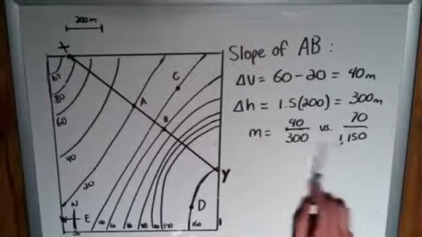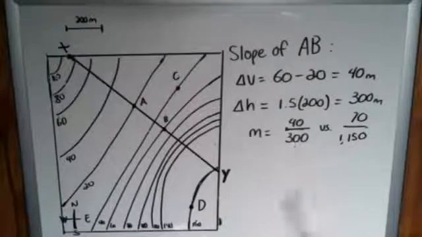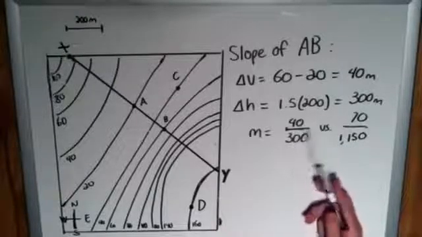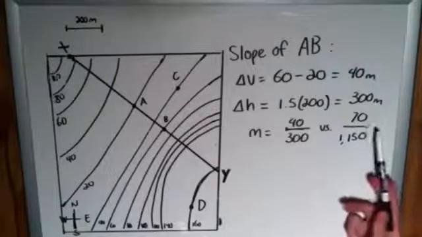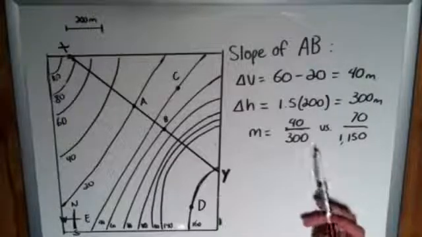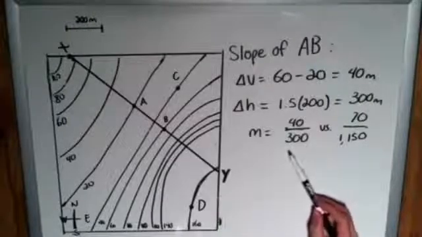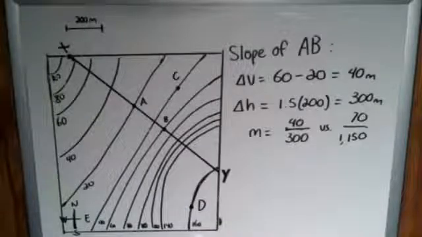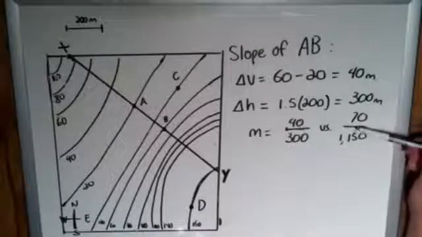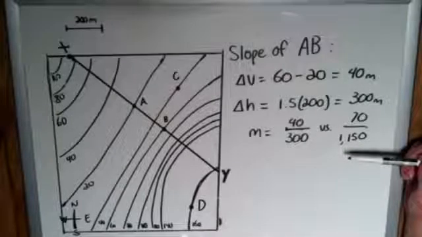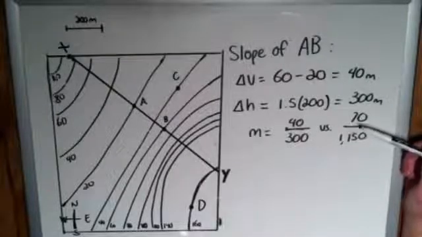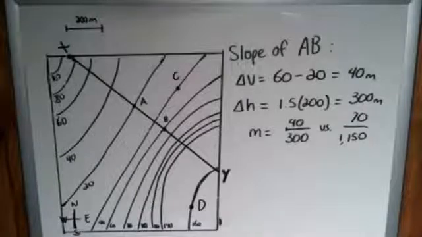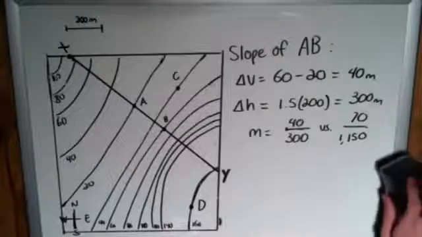If you just look at these two proportionally, this is much greater than that. Because 40, well, we don't even increase that by twofold in order to get to 70. Meanwhile, 300 we've practically increased fourfold in order to get to 1,150. So this one is comparatively much more of a gradual, less steep slope. And we can tell that just by looking at the numbers.